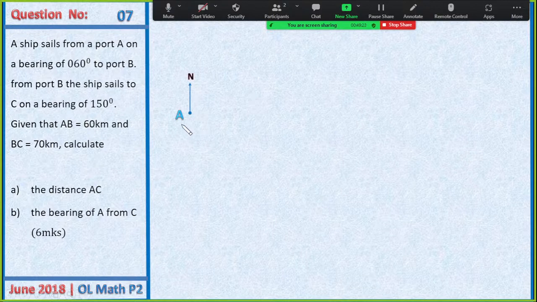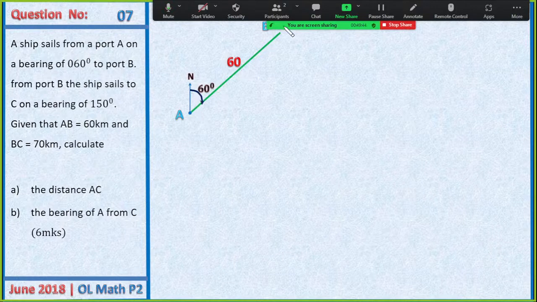At A, this is the direction of the north. It sails from point A to point B on a bearing of 60. Bearings are measured clockwise from the north line, so this angle is 60 degrees.